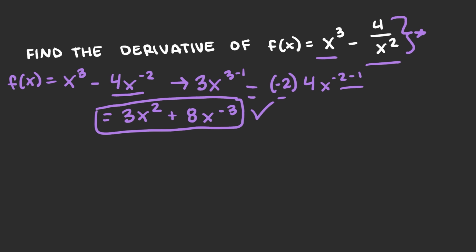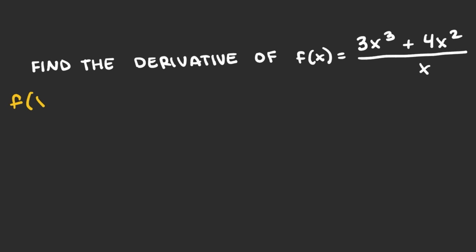Okay, so for this example, let's find the derivative of f of x equals 3x cubed plus 4x squared over x. Again, remember, fractions aren't easy to work with, so let's rewrite the notation. So we'll have f of x equals 3x cubed plus 4x squared times x to the power of negative 1.